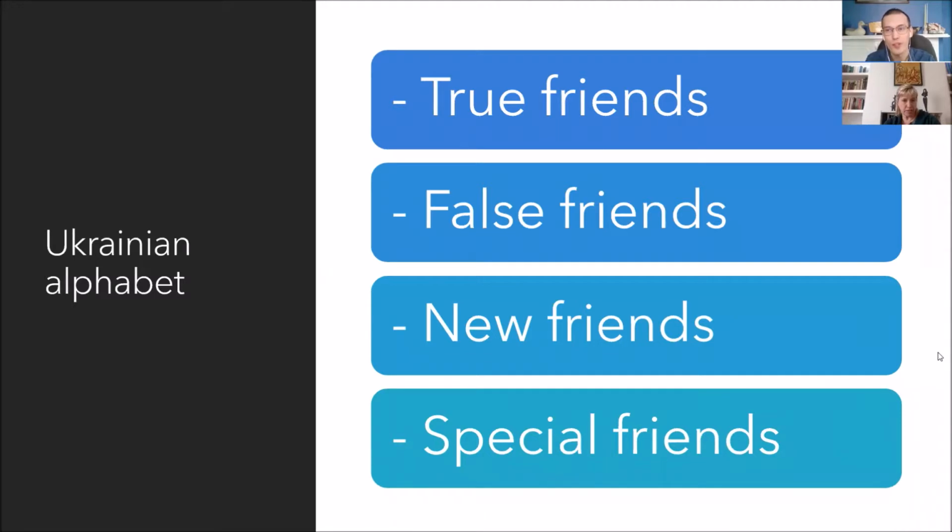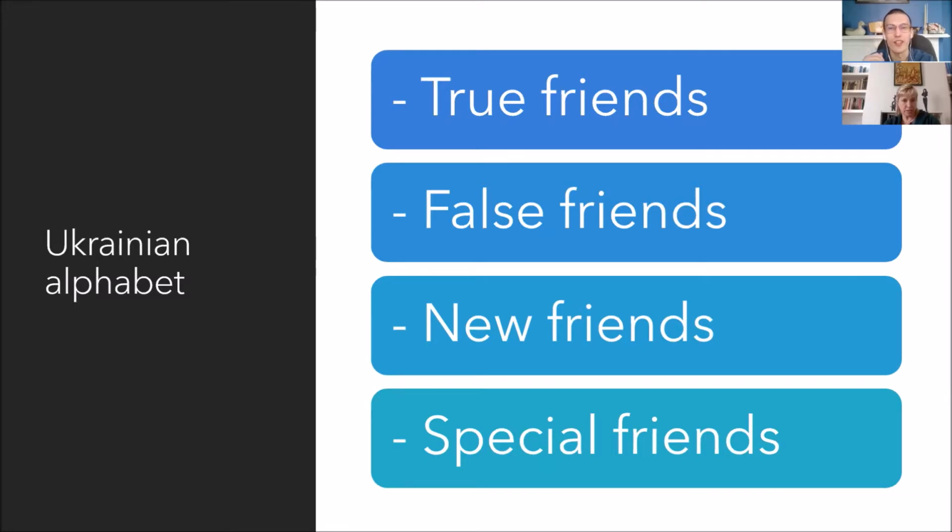So when we're talking about Ukrainian alphabet, there are many ways to talk about it. You can take consonants and vowels, but there is also this paradigm that I personally like, because I think it's funny, where you have all the letters divided into 4 categories.